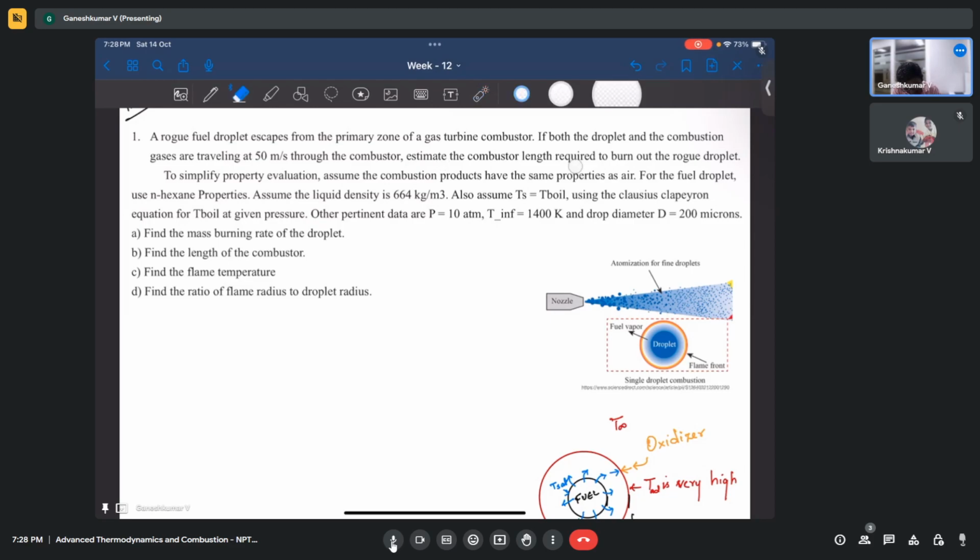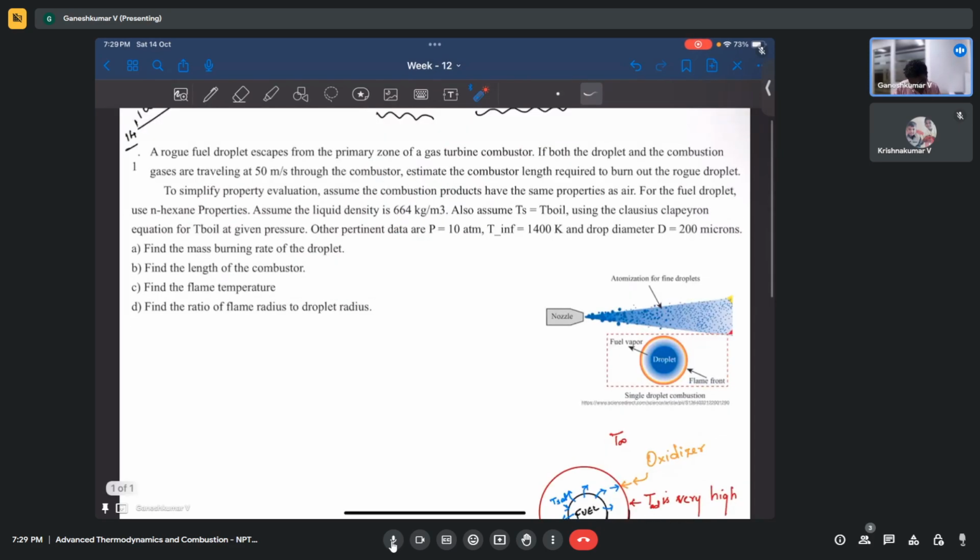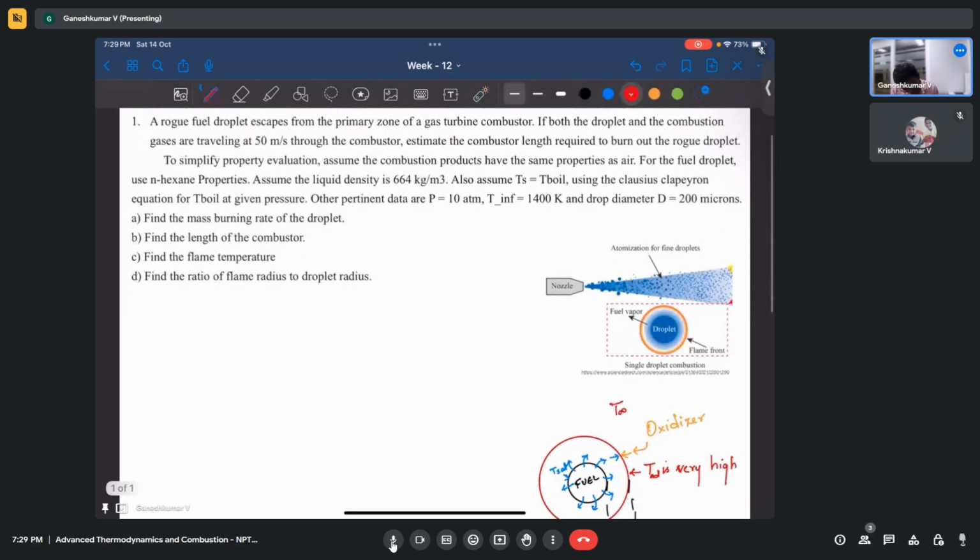Now what are we supposed to find? As I said, we need to find the combustor length. In addition, you can also find the mass burning rate, the length of the combustor, the flame temperature, and the ratio of flame radius to droplet radius. Okay, so let's solve this. Let me write down some given data.